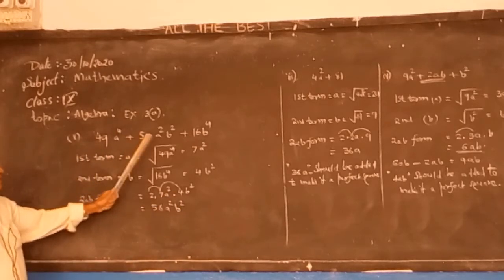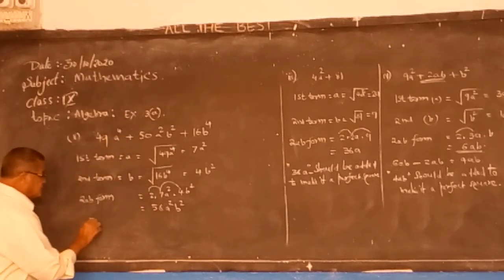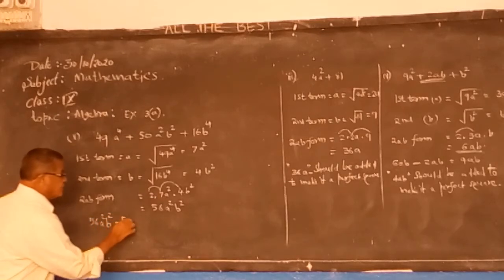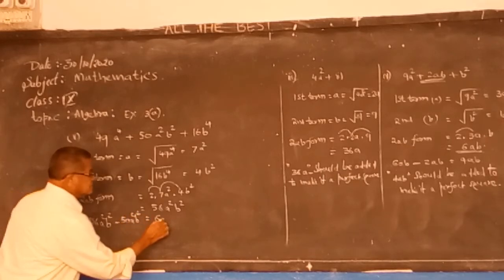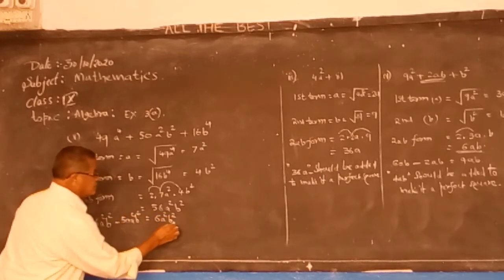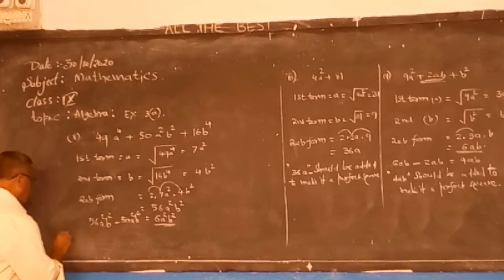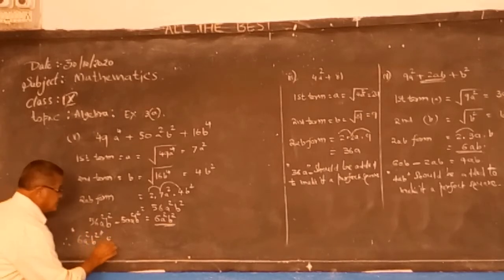Given is 50a squared b squared. So the difference of these two is 56a squared b squared minus 50a squared b squared is equal to 6a squared b squared. This should be added. Therefore 6a squared b squared should be added.